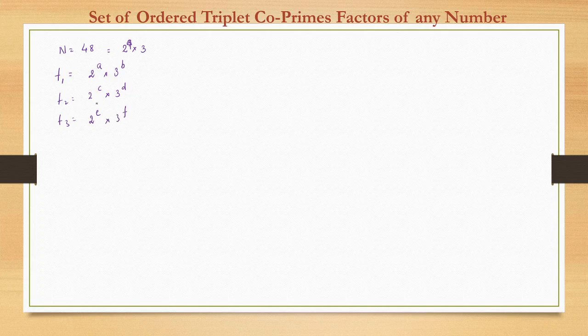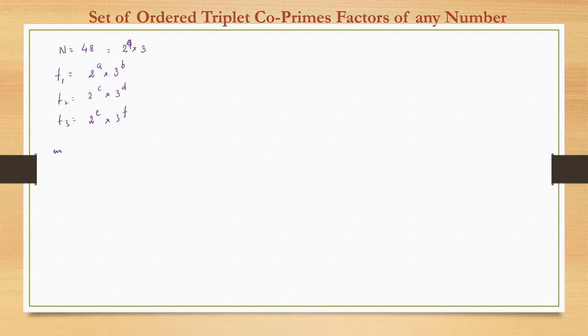Now see HCF, so it means the minimum of A, C has to be 0, the minimum of C, E has to be 0, the minimum of A, E has to be 0.